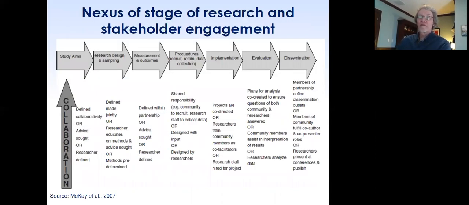Here's a framework that I like that came from Mary McKay, who's the dean here in my school at the Brown School. And this takes you across the research process, leading all the way from your study aims on the left to dissemination on the right. And then on the left-hand arrow, from lower collaboration to higher collaboration. So at the bottom, you see researchers define it, or things defined very collaboratively.